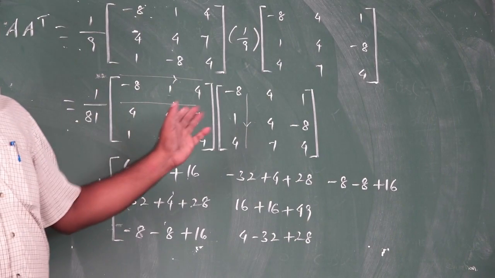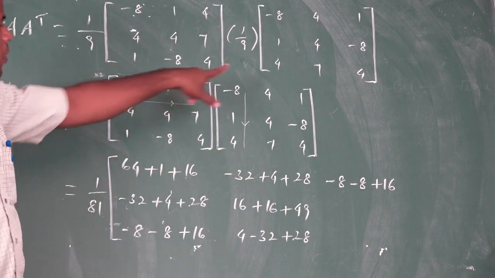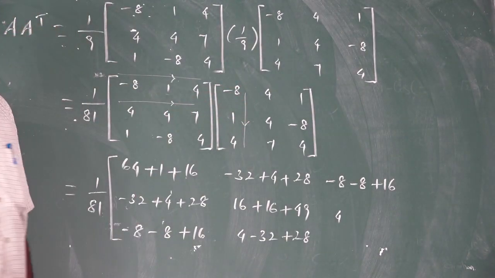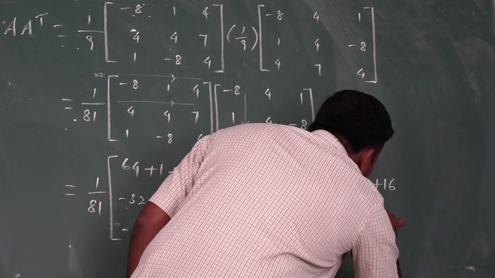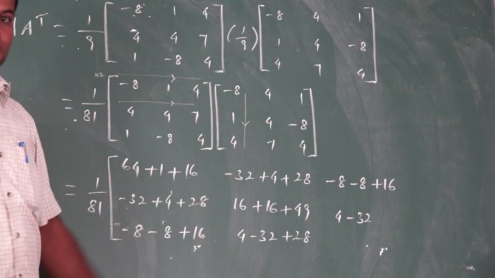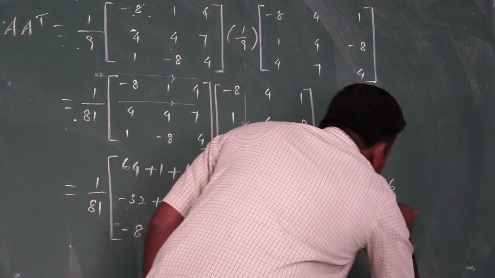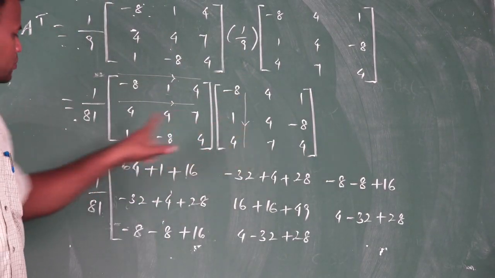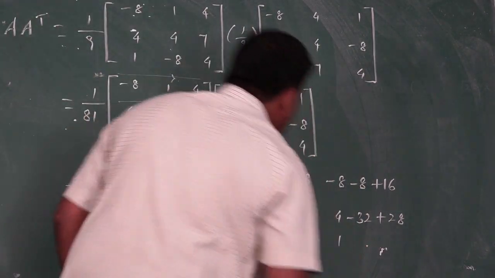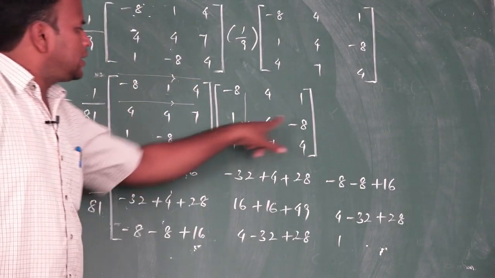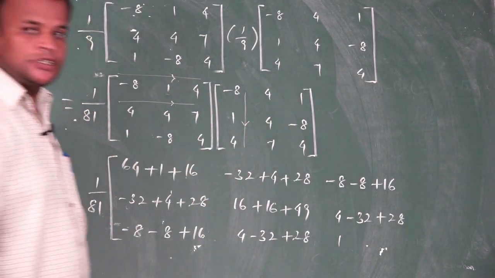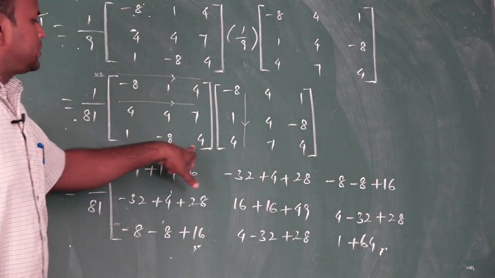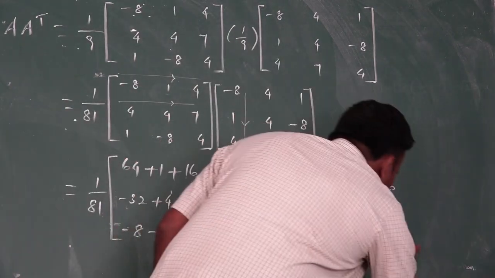Now, second row, third column: 4 ones are 4. 4 into minus 8 is minus 32. 7 fours are 28, plus 28. Third row, third column: 1 ones are 1. Minus 8 into minus 8 is plus 64. Next, 4 fours are 16.